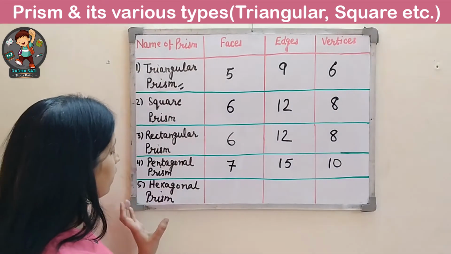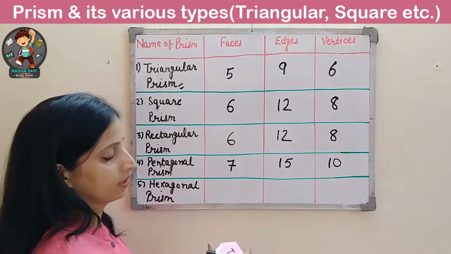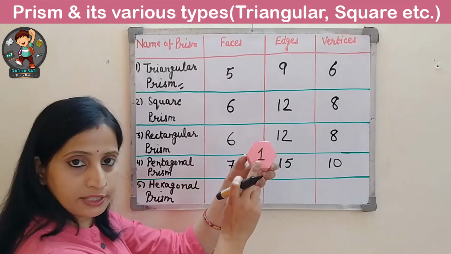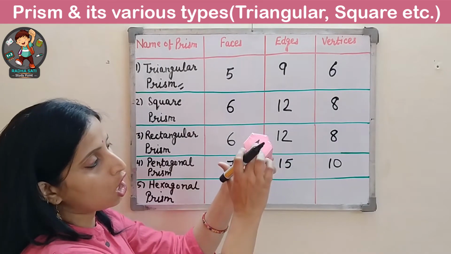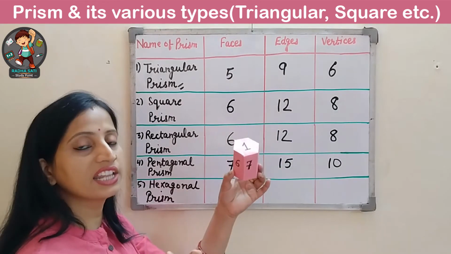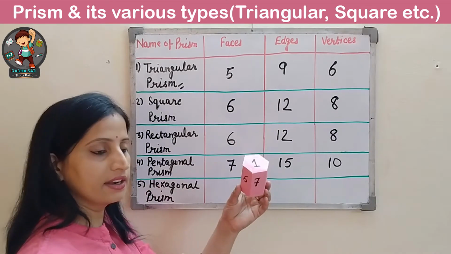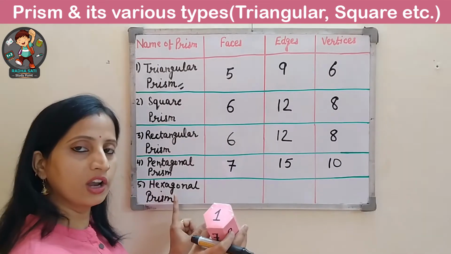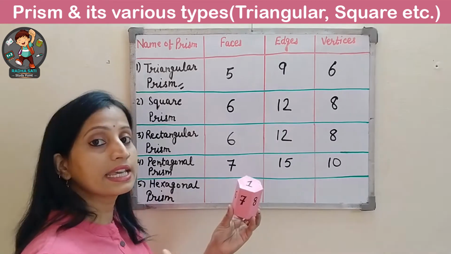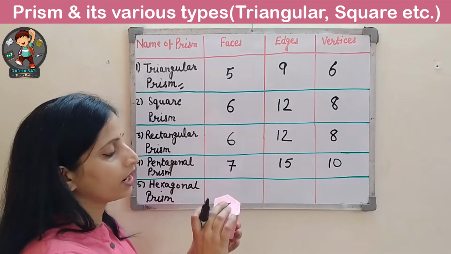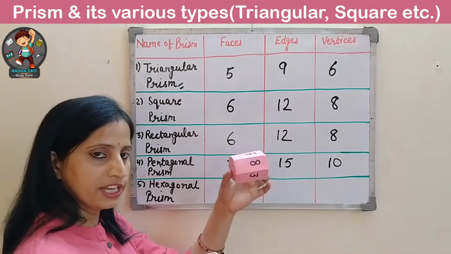Now the next type of prism is the hexagonal prism. So a hexagonal prism has top and bottom faces in the shape of a hexagon. A hexagon means a polygon which has 6 sides. That's why we call it a hexagonal prism.